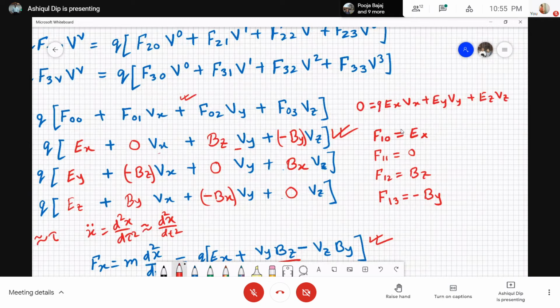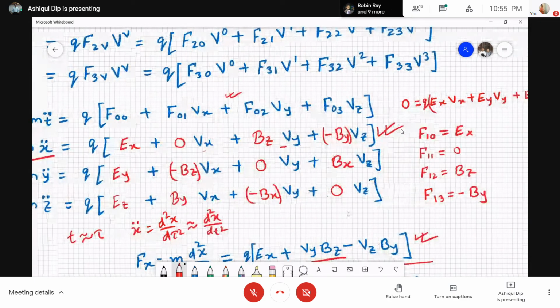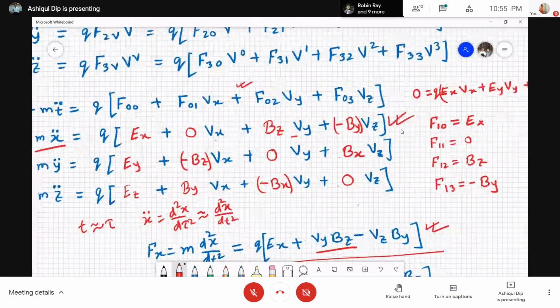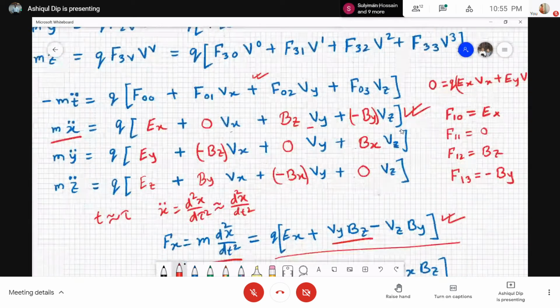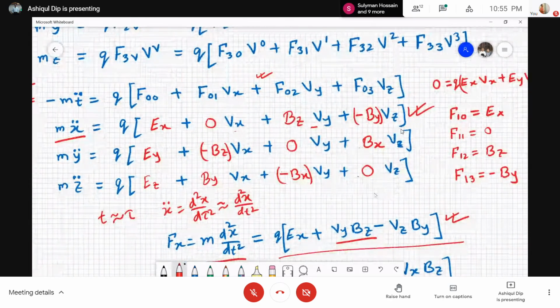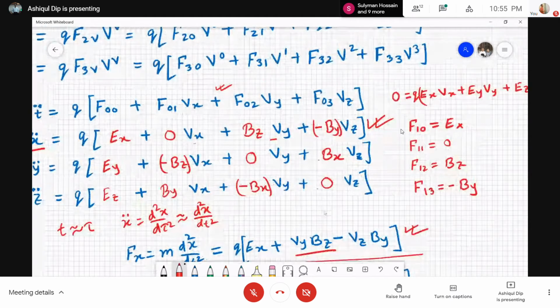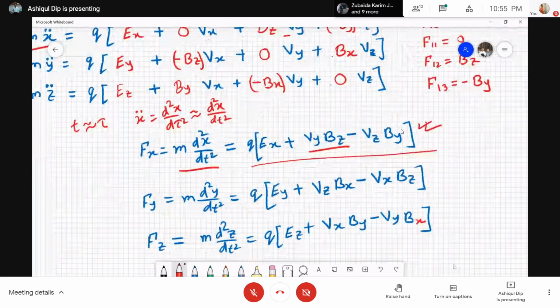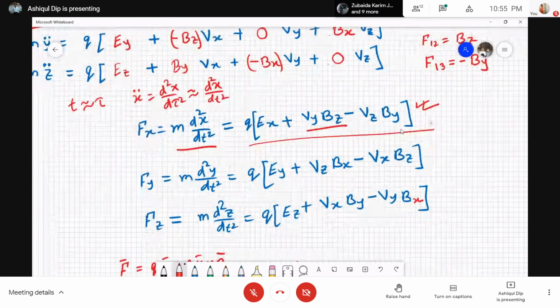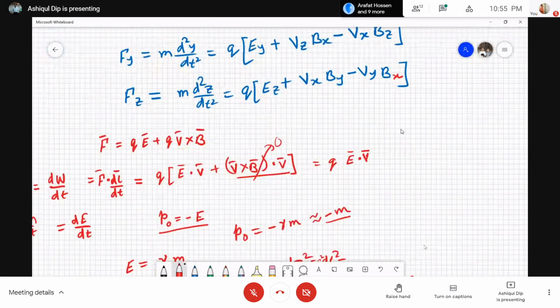Times Q. I can multiply the whole thing by Q. If it is 0, I can multiply by Q on both sides. Like we had, dE over dt is Q E dot V, right?